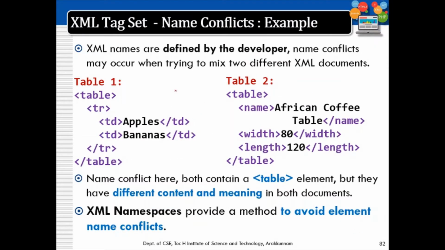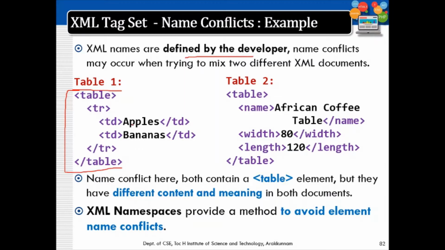Here is an example where you can understand it better. There are two different files. These two XMLs are defined by two different developers. The first file is a table for maintaining fruit information, and this XML uses the same tag set as in HTML.